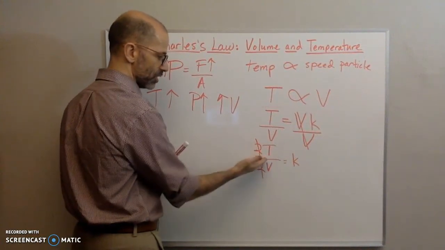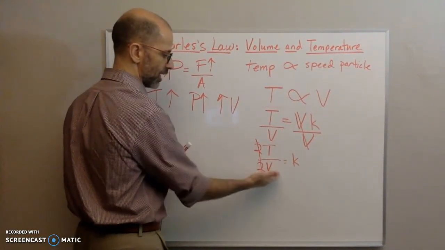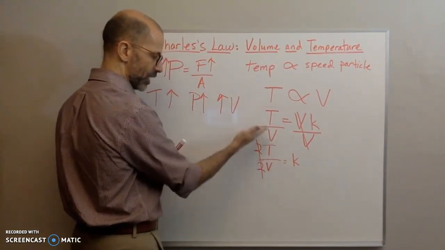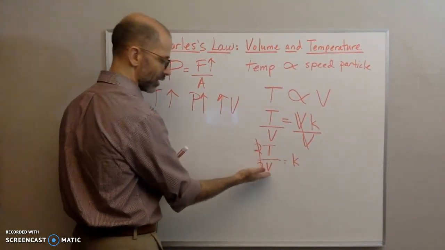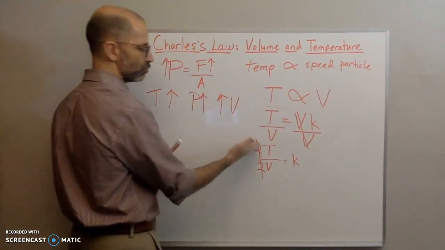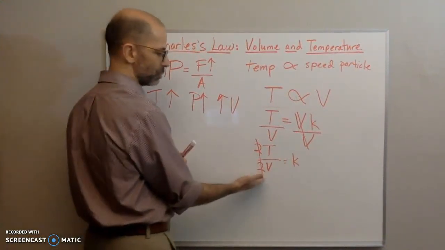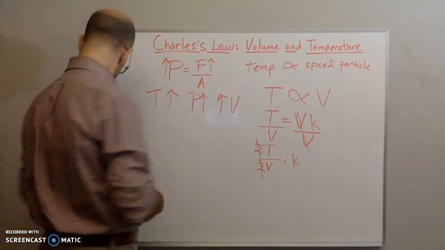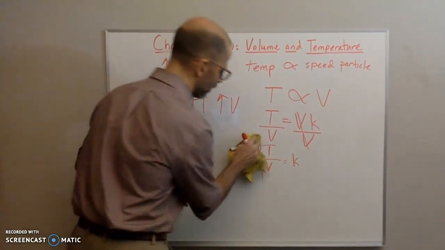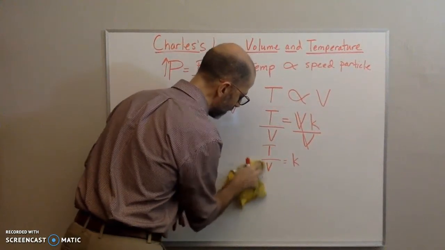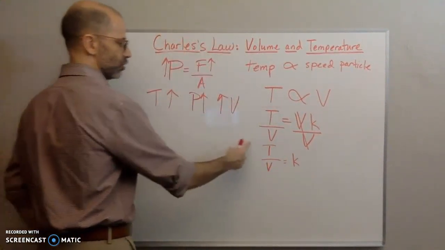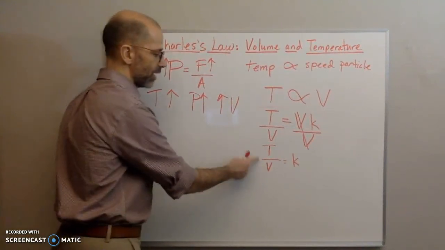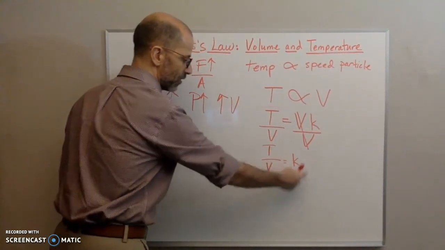Whatever I do to the temperature, I have to do the same thing to the volume. If I cut the temperature in half, then I have to cut the volume in half. If I triple the temperature, then I have to triple the volume, and vice versa. So if I make any change to the temperature, then the volume has to change in the same way in order to keep K the same.